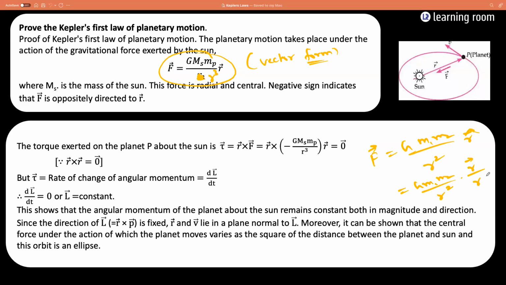So r square into r is going to be r cube. That is why when you write it as r vector, you write r cube in the denominator. When you write it as r cap, you write r square in the denominator. This is a very important concept. Next year, the first chapter itself will start with this kind of concept, r vector and r cap, in electrostatics.